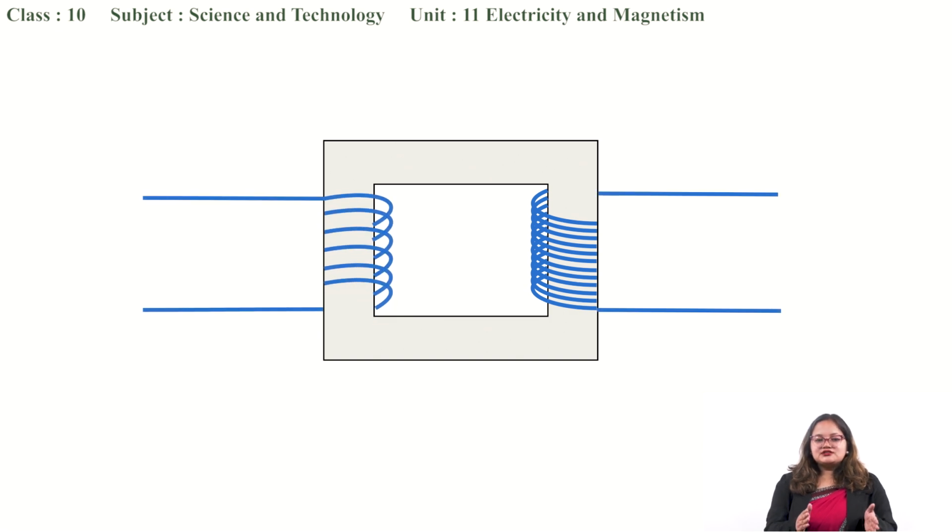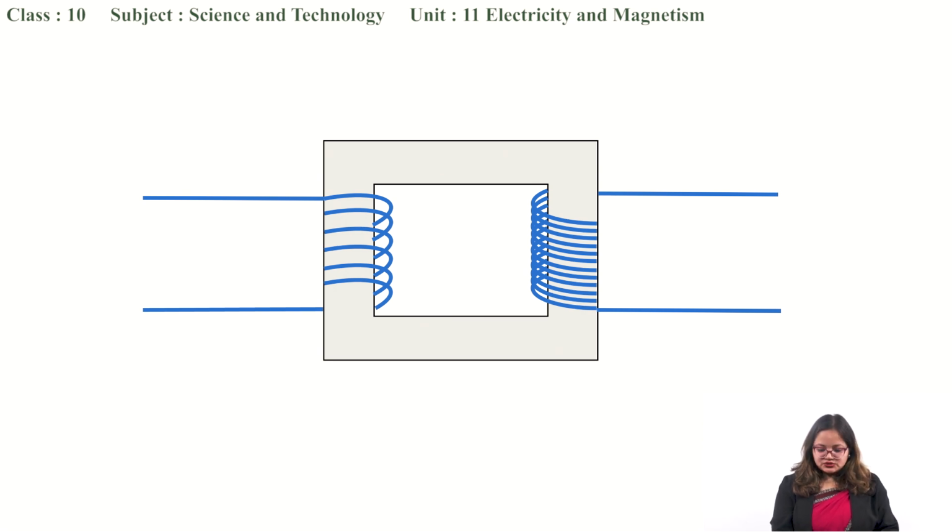These windings, or let's say this conductor, are also insulated, and they are kept a bit far from each other so that a short circuit does not happen. So we are keeping it insulated a bit further apart in the windings of the iron core used in a transformer.